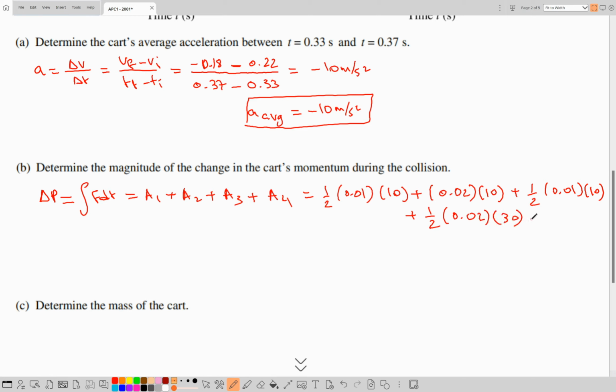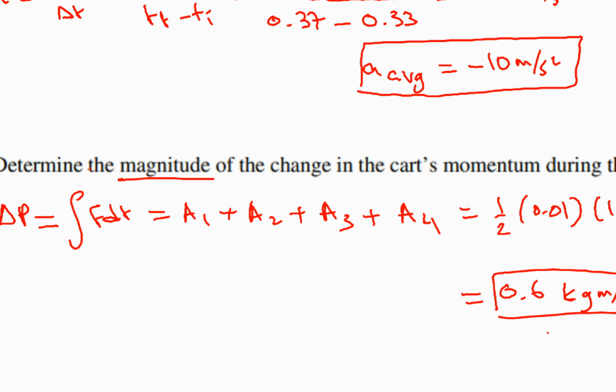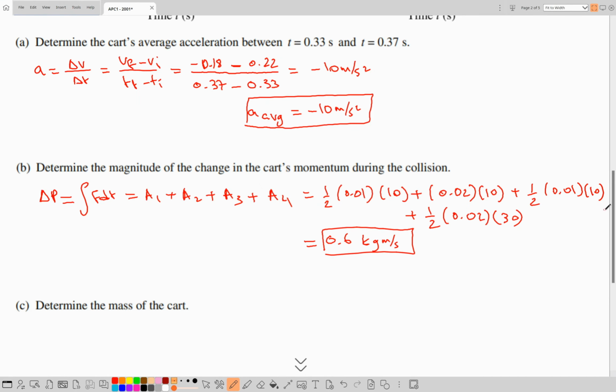Plugging that expression on the calculator, we get a value of 0.6. The unit of change in momentum is kilogram meter per second. Interestingly, we're interested in the magnitude, so no problem if this is positive. So delta P in this case is 0.6 kilogram meter per second.